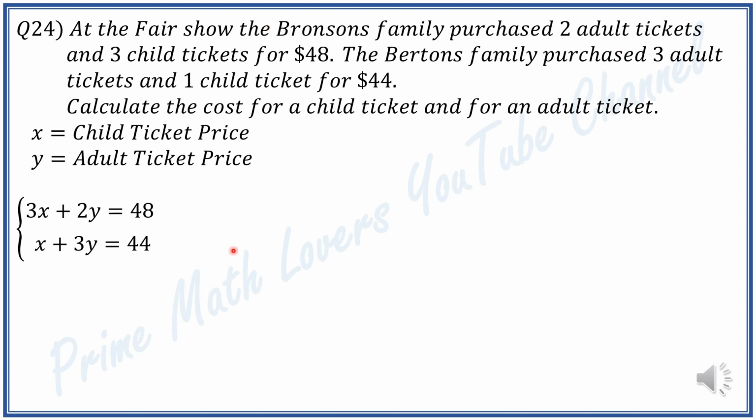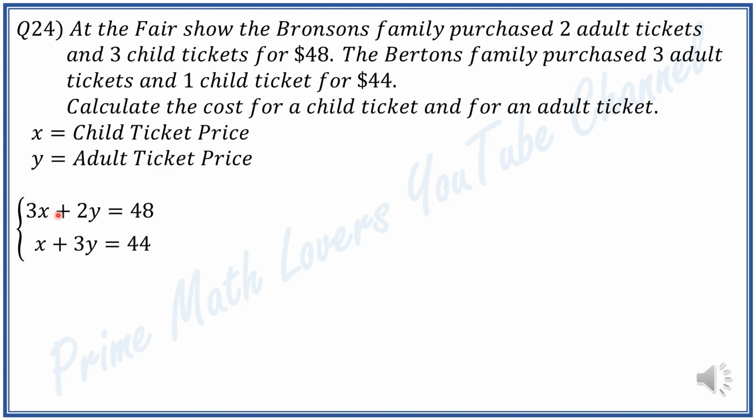Now we have a system of 2 equations, or 2 simultaneous equations. Like the previous question, we use the elimination method. In the elimination method, our aim is to eliminate one of the variables from the system of equations. Let's choose to eliminate y.